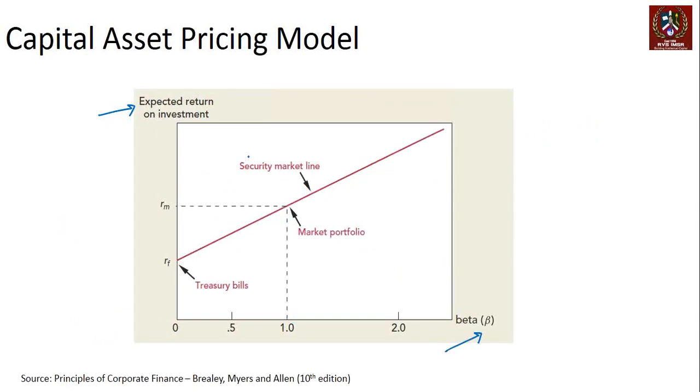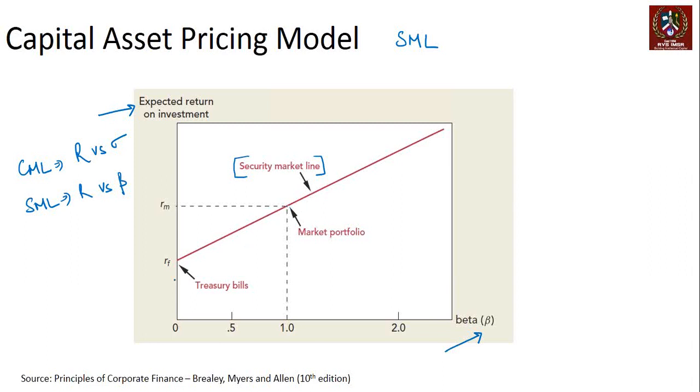This line is known as the security market line or the SML. Note that the CML was return versus sigma. The SML is return versus beta, right? That's the key difference that we have seen so far.